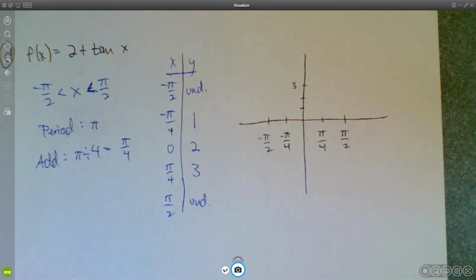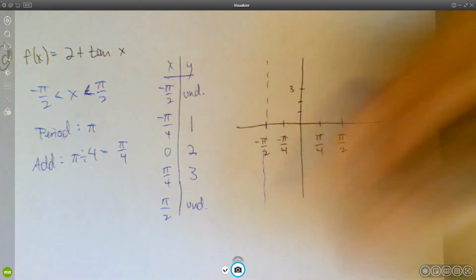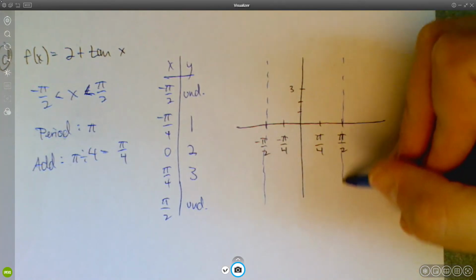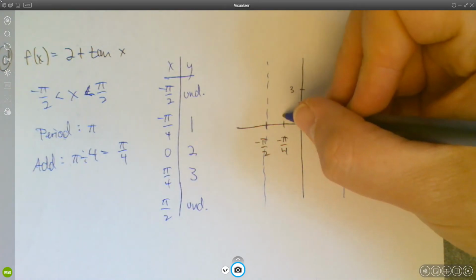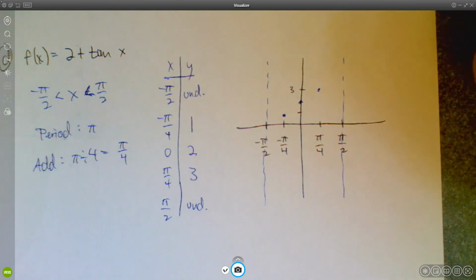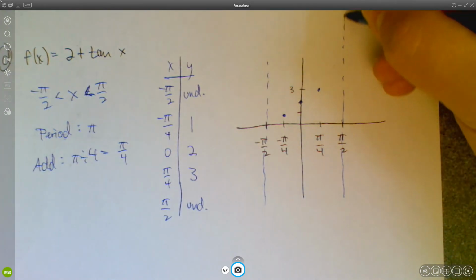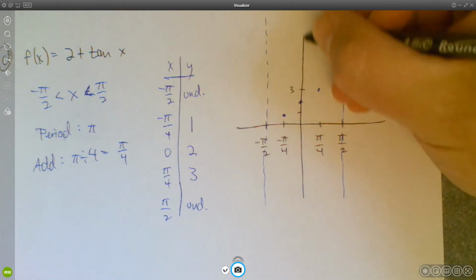Okay, so asymptotes there and there, and then we've got 1, 2, 3, like that. So I'm going to extend this just a little bit.